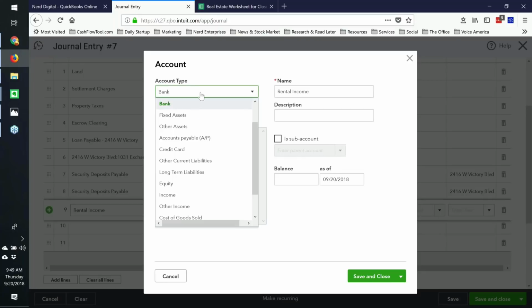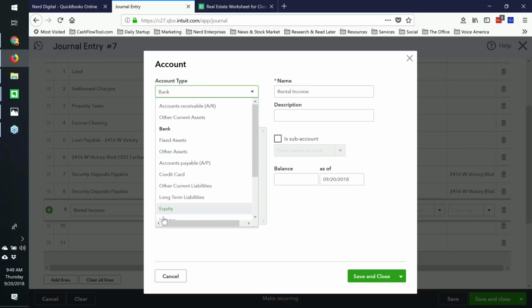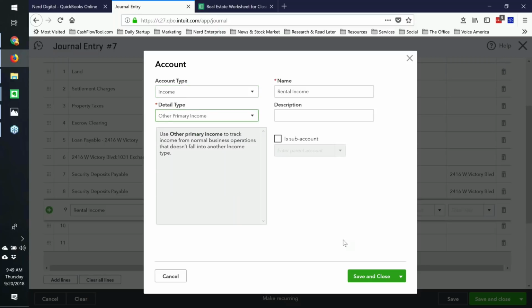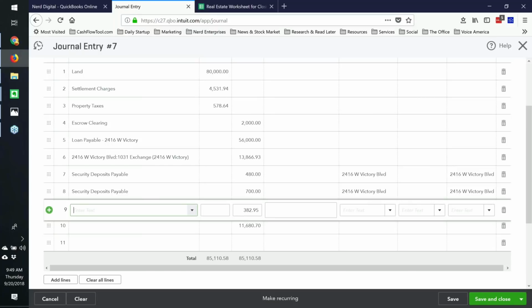And again, I would want that associated with the appropriate unit where applicable. So again, for the class we would just have the property, but here we would need a sub-customer for the appropriate unit that this rental credit goes with.